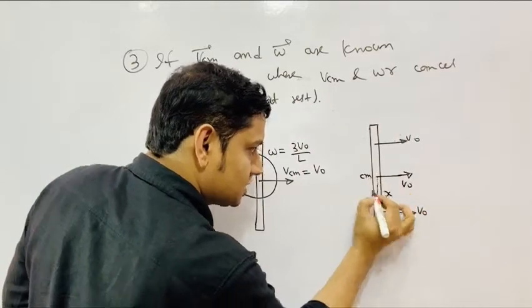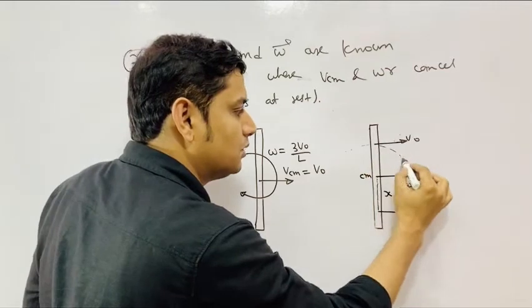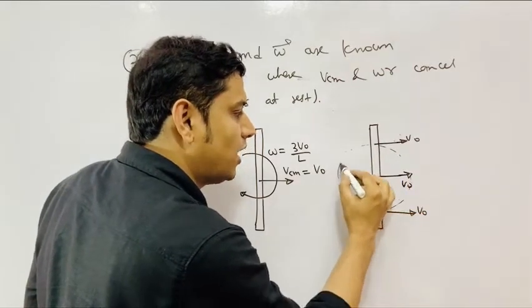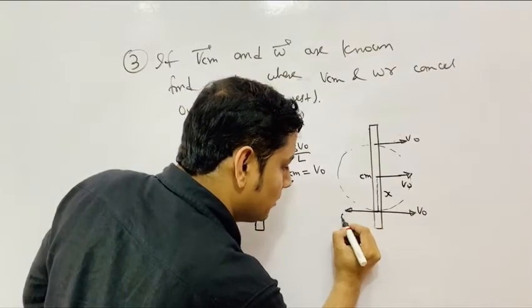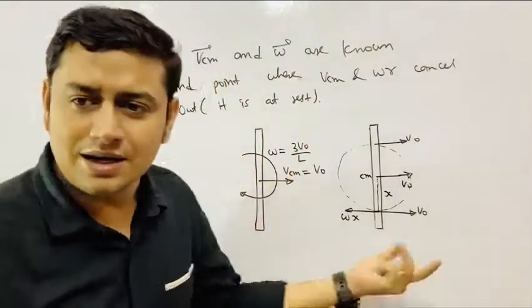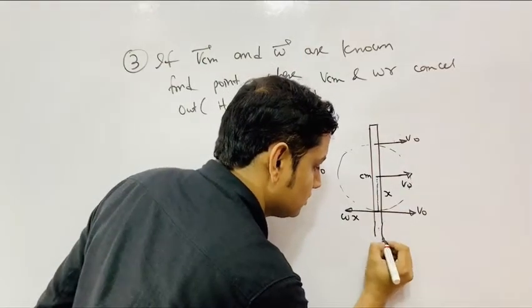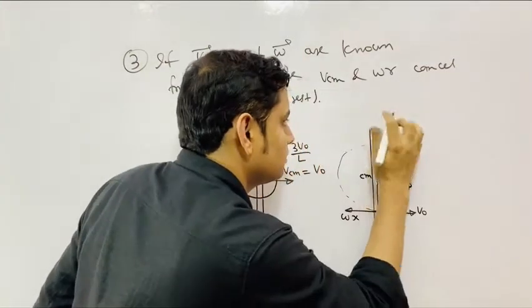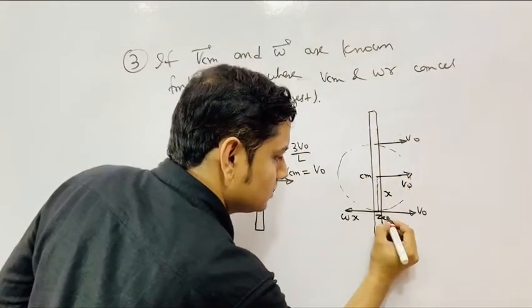Below the center of mass, according to purely rotational motion, this point would have a rotational contribution omega into x. Let them cancel, make this 0.